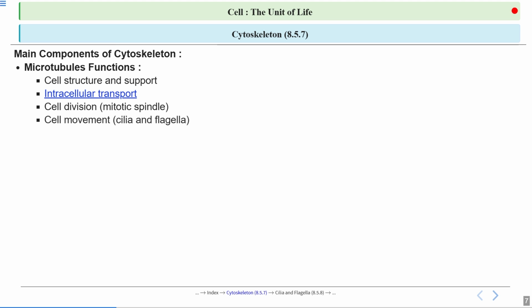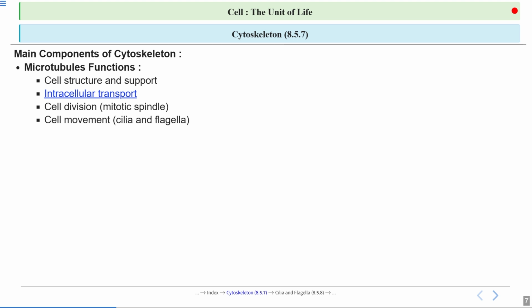They help in cell movement also. We will talk about the cilia and the flagella as well, and how they help in cell movement. Microtubules are the fundamental, the basic components of cilia and flagella.